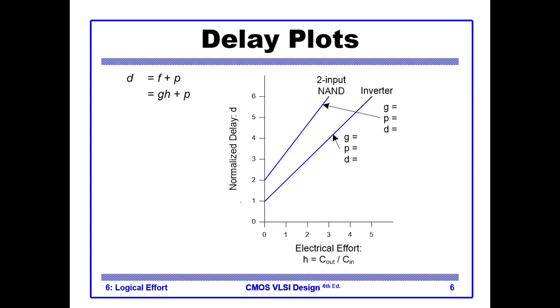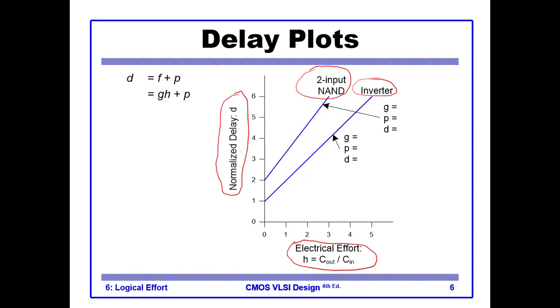This is basically a plot of the normalized delay. On the y-axis we have our normalized delay, and on the x-axis we have fan out or electrical effort. Then we have two curves, two plots. One is for a 2-input NAND gate and the other is for an inverter.